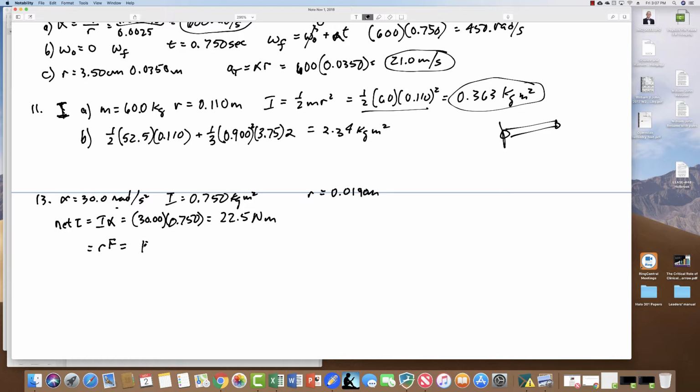So the force is going to equal the net torque divided by the radial arm. So it's going to equal 22.5 divided by 0.014, excuse me, 0.019 meters. And so the force is going to equal 1180 newtons.